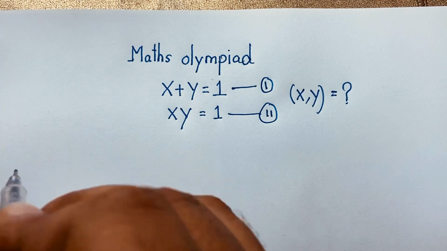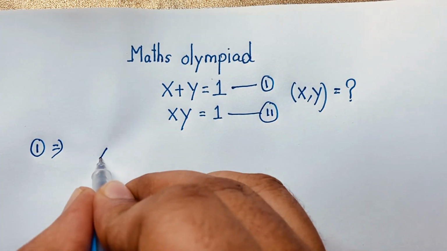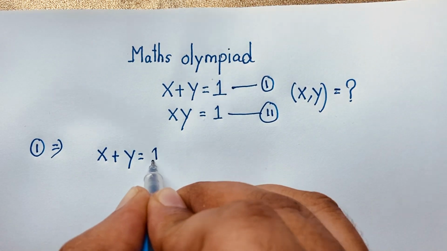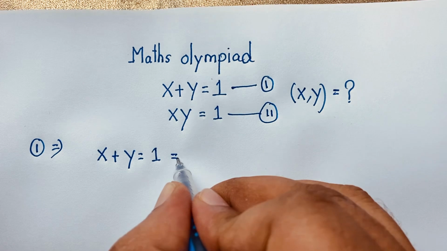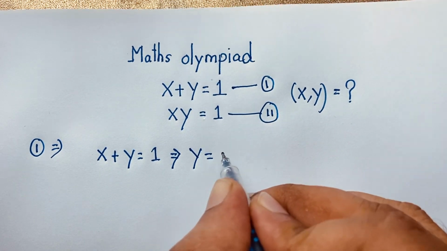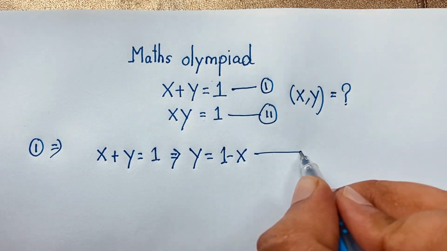Now I can see easily our first equation, it will be x plus y is equal to 1. This is our first equation. Now at this moment, if I move this x to this side, it will be y is equal to 1 minus x. This is our third equation.